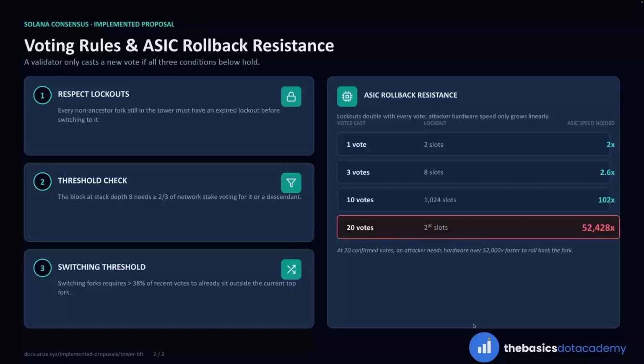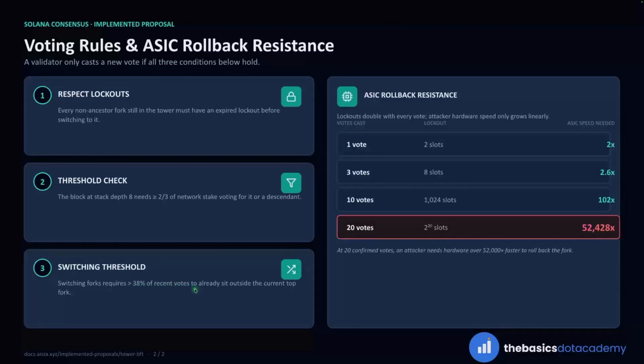What are the voting rules and how does Solana ensure ASIC resistance? A validator can only cast a new vote if all 3 conditions below hold. First, each validator must respect lockouts. Secondly, a threshold check: the block at stack depth 8 needs greater than or equal to 2/3 of the network's peak voting for it or a descendant.